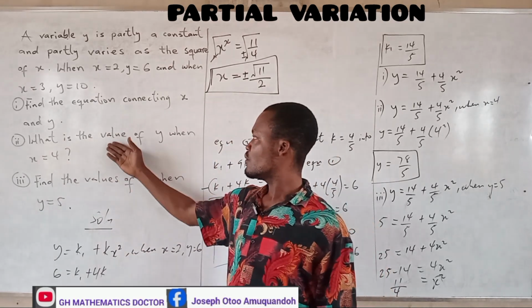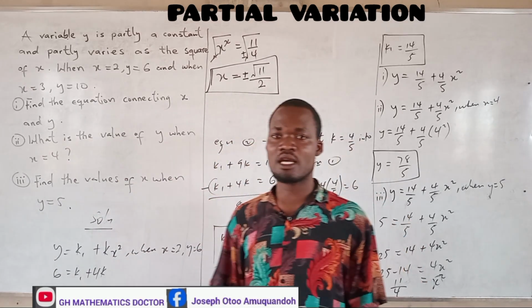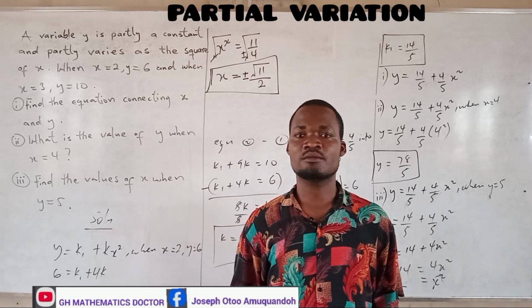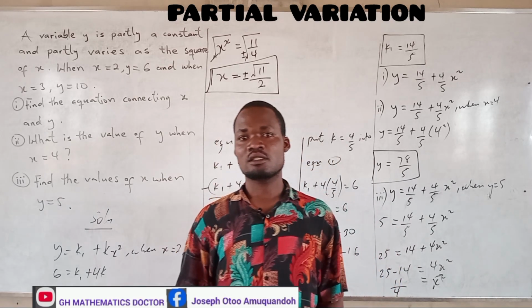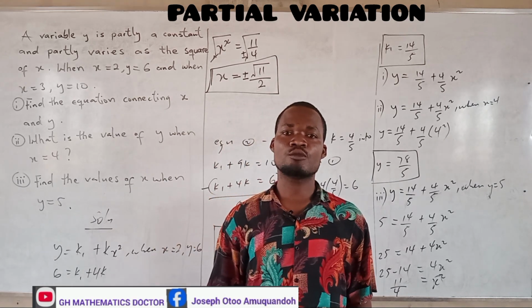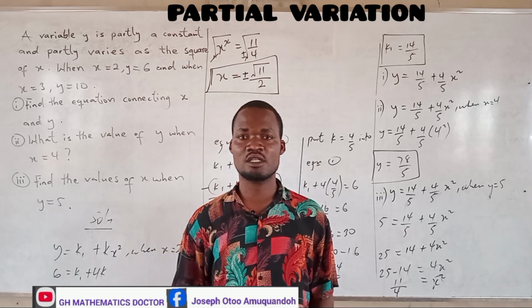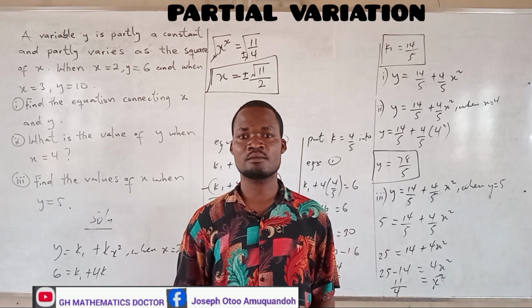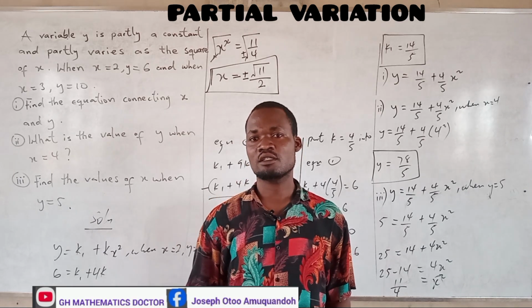Then whatever question is being asked to find, either x or y, you substitute the numbers accordingly and find the answers. This is so simple. And I know you can use this example here to practice by yourself by solving past questions or any other related questions you may come across.